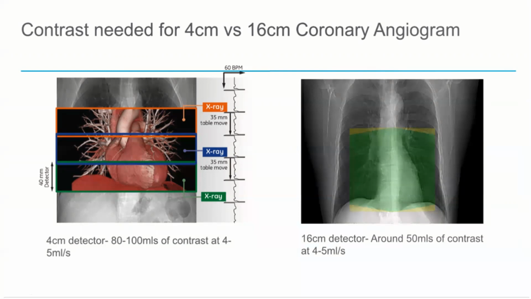So the 40 millimeters would have to acquire a heart in 3 or 4 blocks or slabs of data, and you would need 80 or 100 mils of contrast, whereas the Revolution CT can cover the heart in one rotation, and you only need about 50 mils of contrast at the same flow rate. So you have to adapt the amount of contrast according to your system and according to your acquisition time.